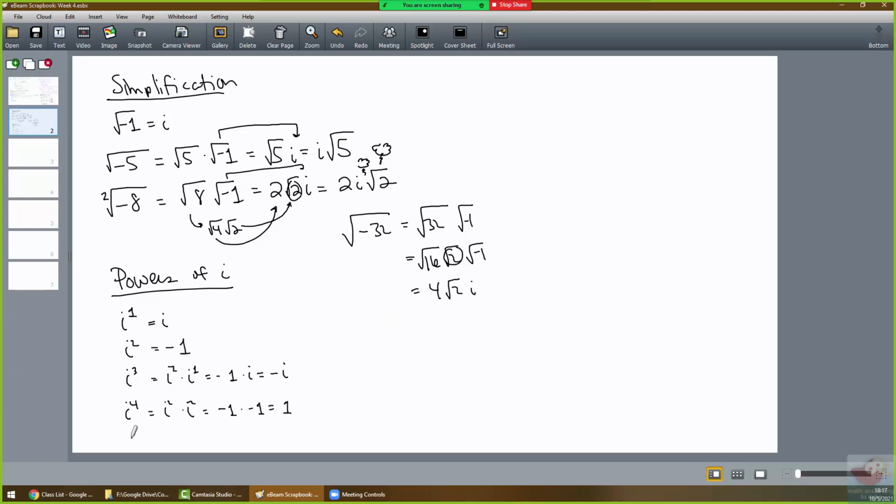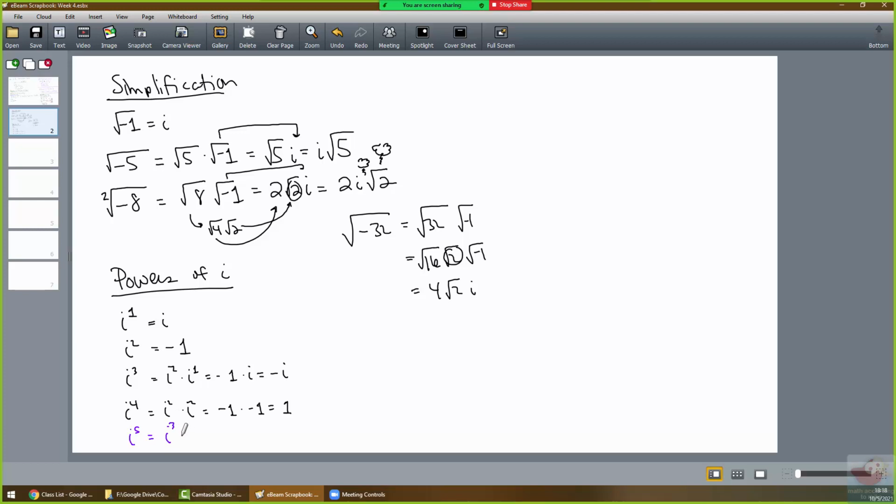Cool. What if we did i to the fifth? How would you break that down into two parts that we already know about? So for 4 we use 2 and 2, for 3 we use 2 and 1. For 5 we can use 3 and 2.